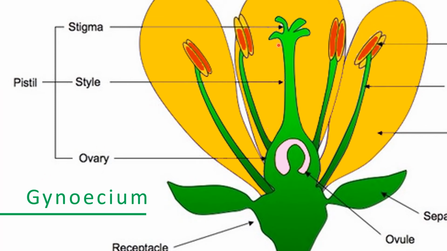The female reproductive part forms the innermost whorl of flower known as gynoecium. The pistil is considered as unit of gynoecium that consists of stigma, style and ovary. Stigma is the top terminal receptive part that is supposed to receive pollens. It is connected through a stalk-like style to the basal swollen part known as ovary that contains ovules.